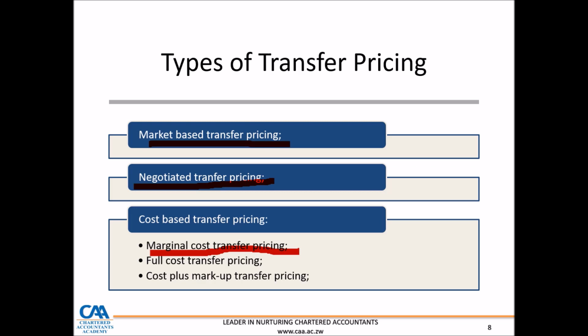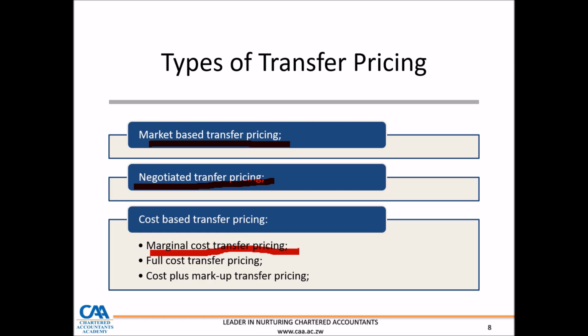So obviously, looking at this pricing method, what are some of the issues? It means division A will not necessarily have an incentive for cost control. Why? Because they just know when they produce, they're going to recover their full production cost when they transfer to the next division or to the next subsidiary. So I'd want you to research more on the disadvantages or drawbacks of marginal cost transfer pricing.